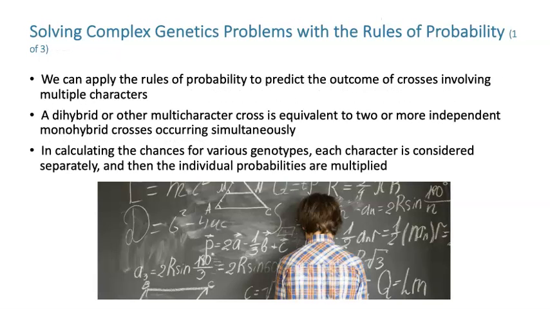So you can also do this with multiple characteristics, like if you're looking at a dihybrid cross. You can do this for monohybrid crosses, and you can do it for dihybrid crosses. It really is just remembering when you're going to use the multiplication rule and when you're going to use the addition rule.